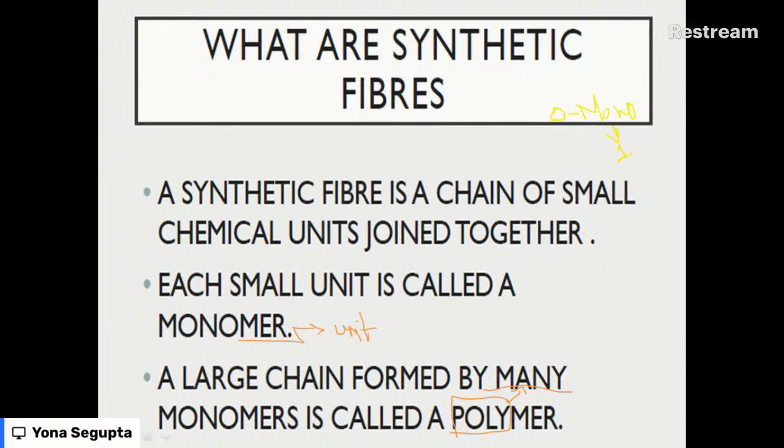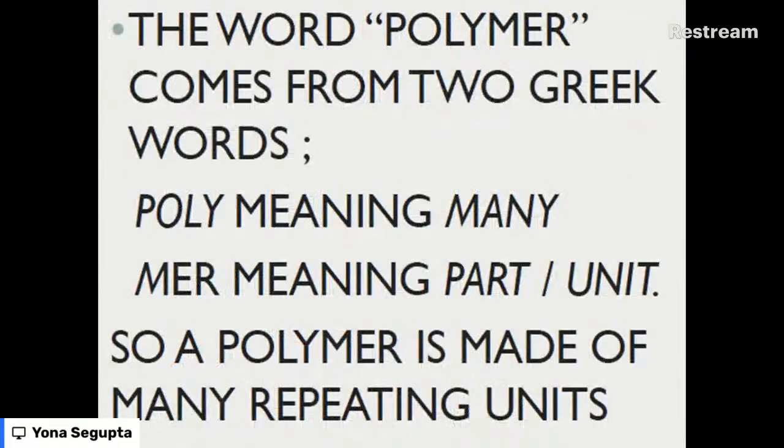That means many parts, whereas mono means one, a single small unit. Mono means one. Okay, now let's move on to the next word.